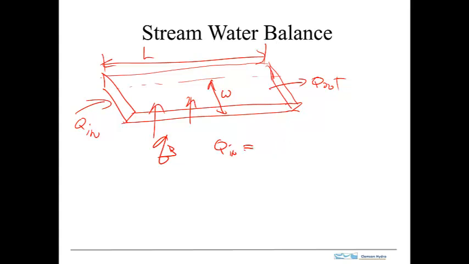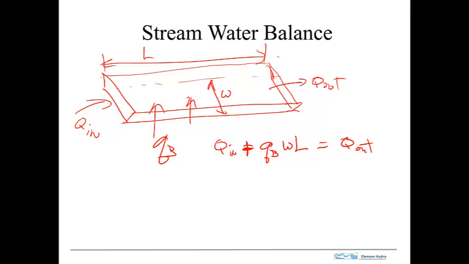actually there's another flow in from the base flow. So that would be the base flow flux times the width times the length is the volumetric flow out. Okay, so that gives us a balance. This would be the volume balance, for example, over the reach of a stream.